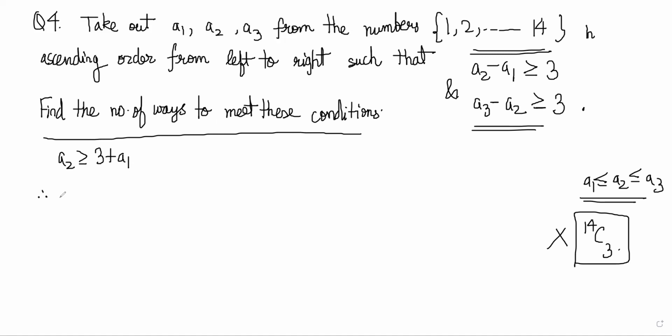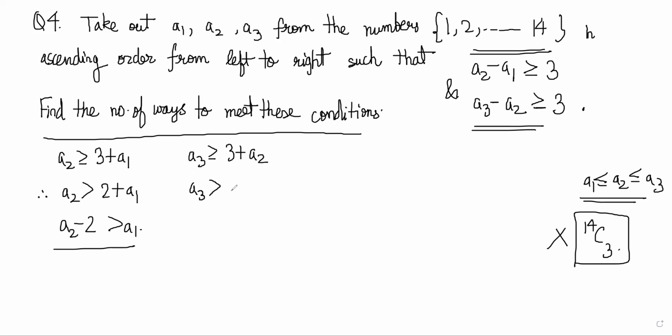Therefore, that means A2 is strictly greater than 2 plus A1, right? A2 could be equal to 3 plus A1. So A2 is strictly greater than 2 plus A1. So we have A2 minus 2 is greater than A1, right? And similarly, A3 is greater than or equal to 3 plus A2, which means A3 is strictly greater than 2 plus A2, or you have A3 minus 2 is greater than A2, right?